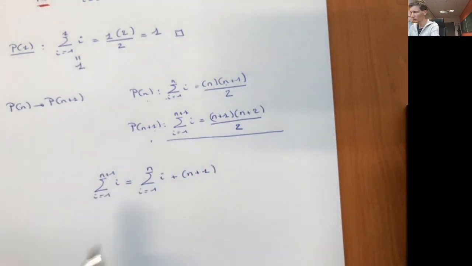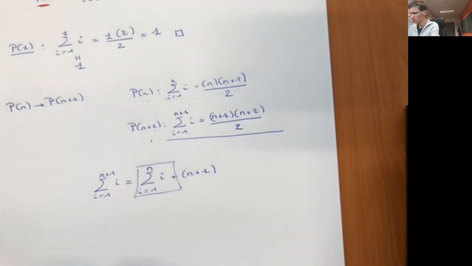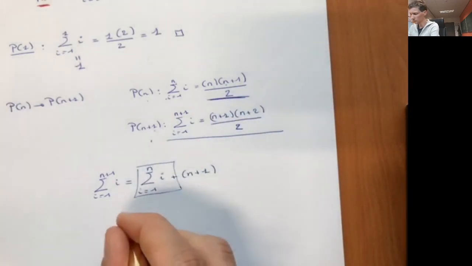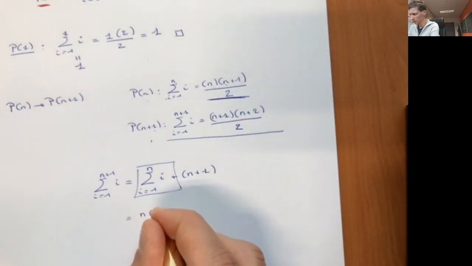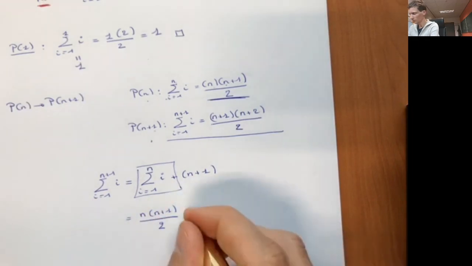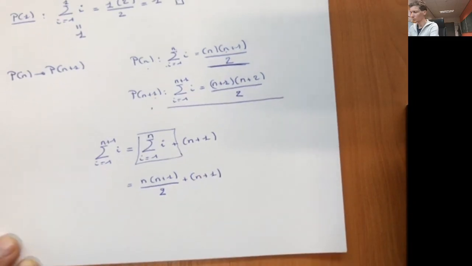This sum, the first term here, we know that this is equal to n times (n+1) over 2. So this is equal to n times (n+1) over 2. And then we're left with n+1.